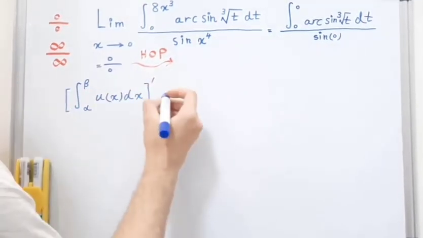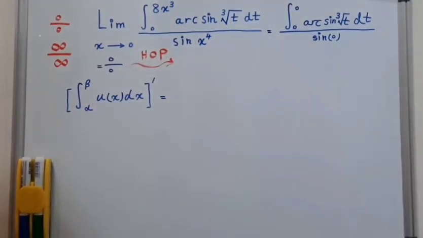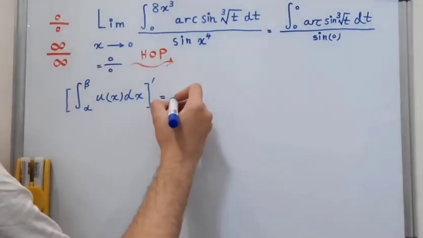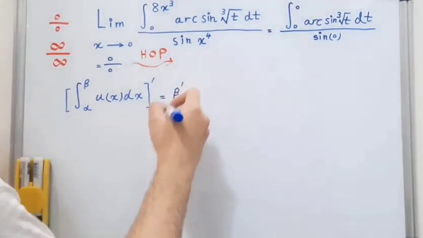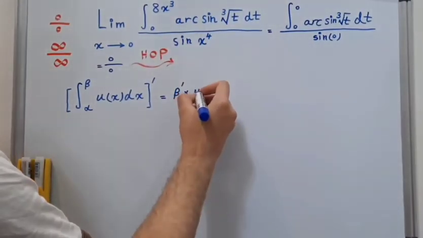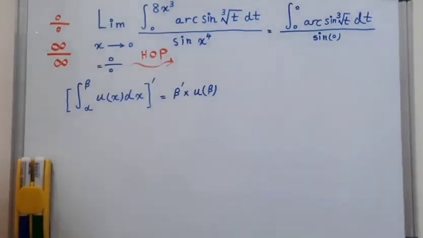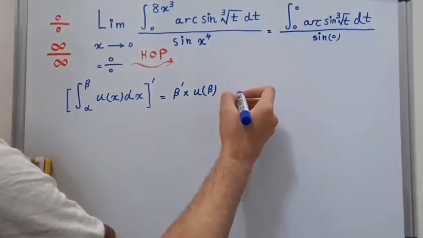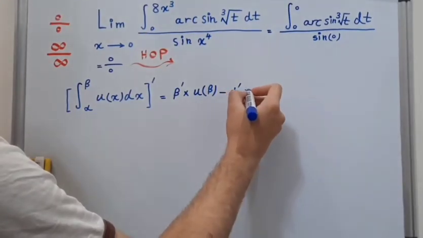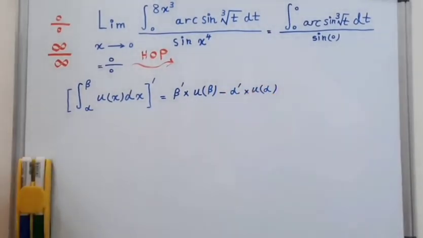If we want L'Hopital from this, the L'Hopital of this will be beta prime multiplied by u of beta, minus alpha prime multiplied by u of alpha.